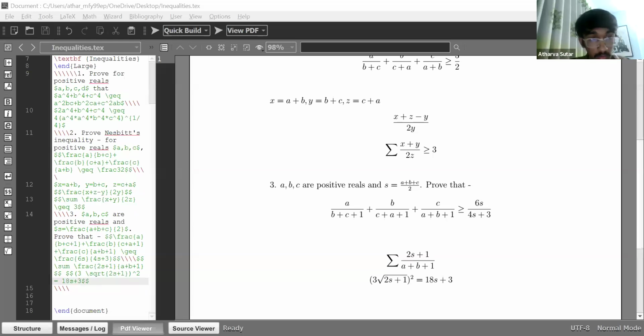Okay, so we'll start with an easy one. You need to prove the following inequalities.